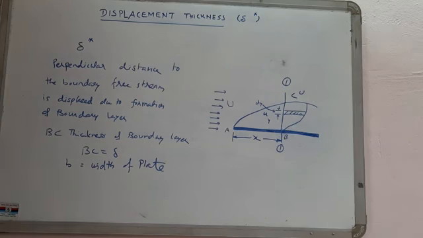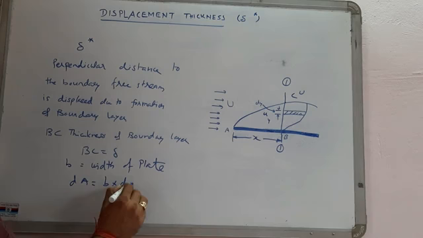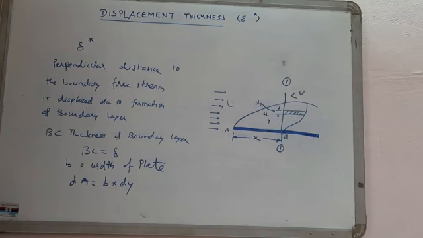Then the area of the elemental strip dA is equal to b into dy.